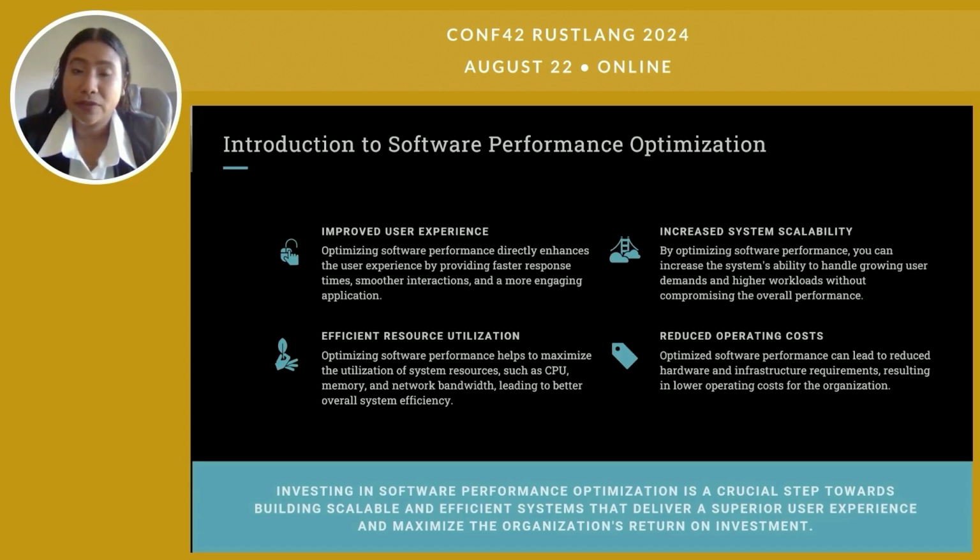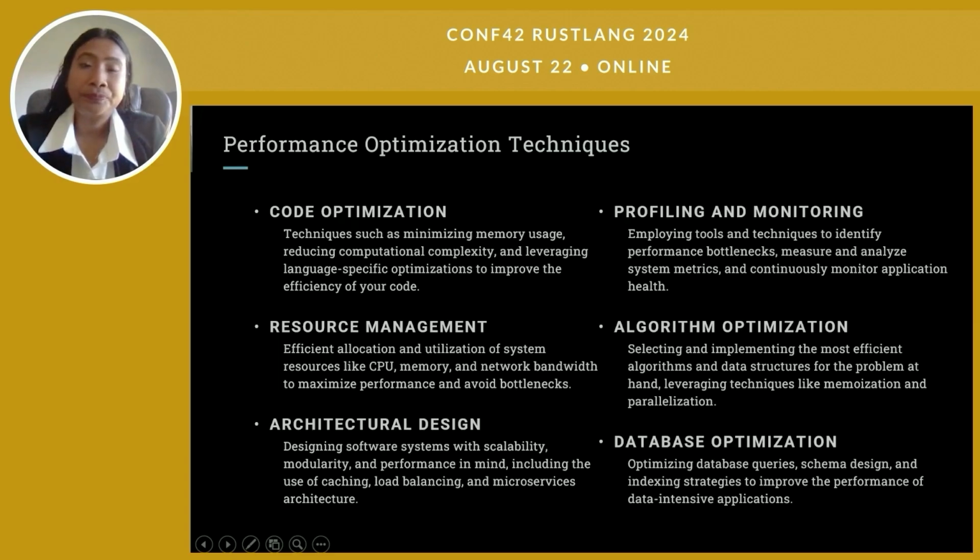The cost will also be shooting up. To keep resource utilization minimal, we need to adopt multiple strategies to make it efficient, which will end up in reduced operating cost. Investing in performance optimization is a crucial step towards building a scalable and efficient system that delivers a superior user experience and maximizes the organization's return on investment.